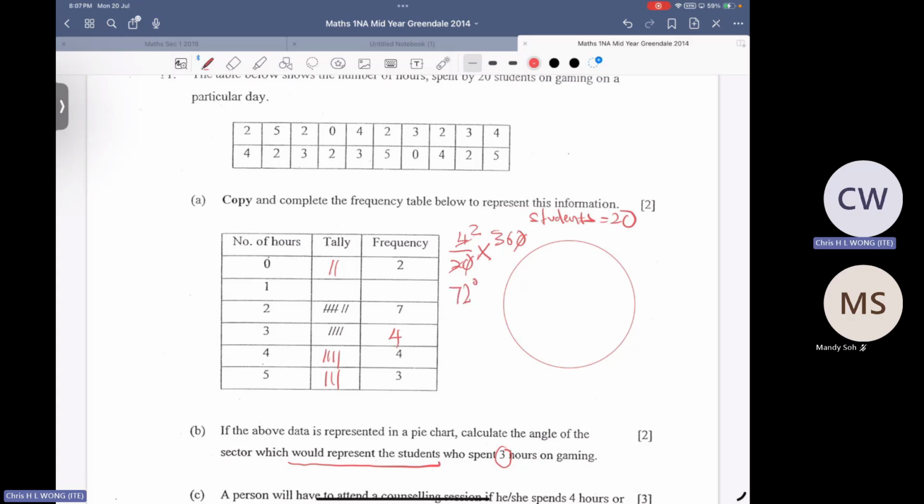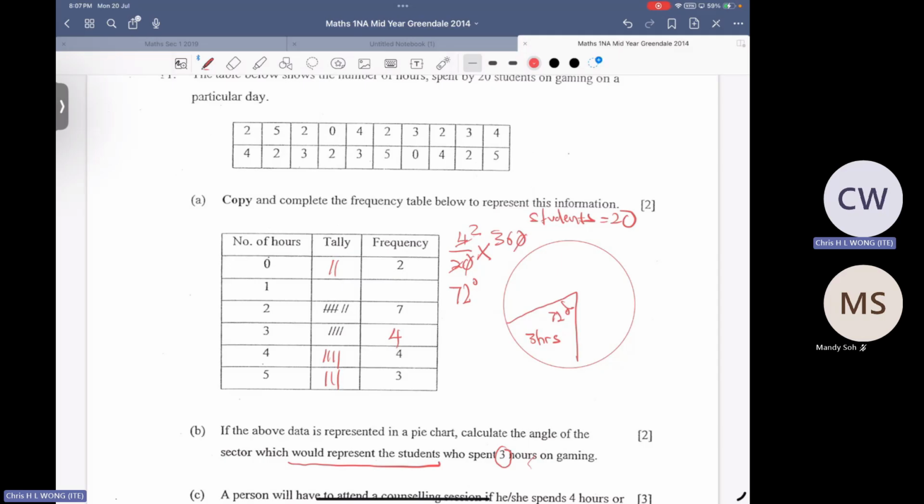So the answer is 72 degrees for 3 hours.